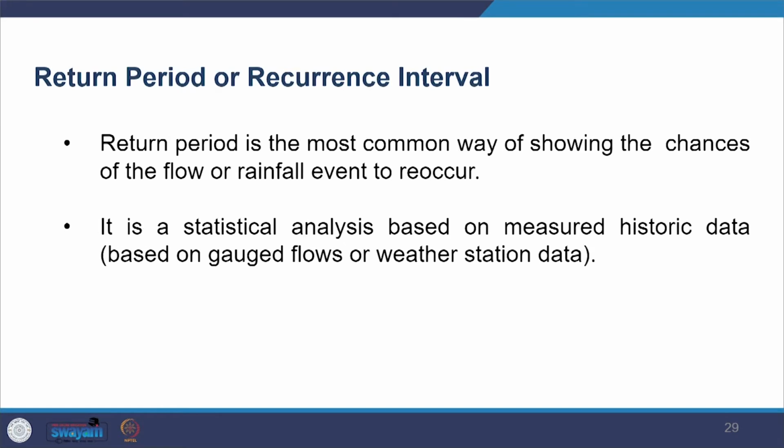We will also make ourselves aware of the concept of return period, or recurrence interval. Return period is the most common way of showing the chances of a flow or rainfall event to reoccur. It is a statistical analysis based on measured historical data, like gauged flows or weather station data.